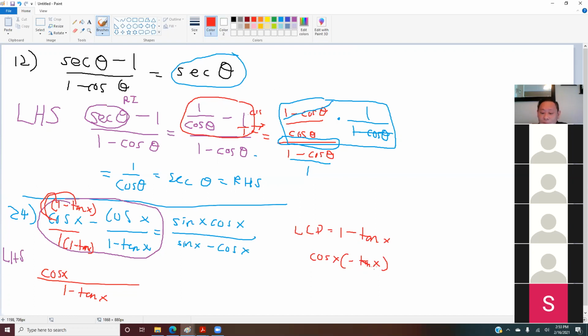Sine over cosine. And what happens to this cosine and cosine? They will cancel out. So what we have is a negative sine x. And then you have minus cosine x.